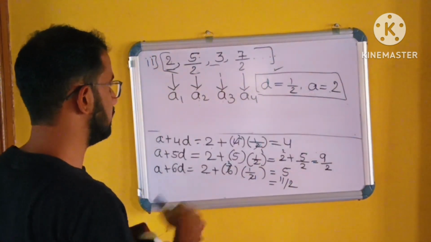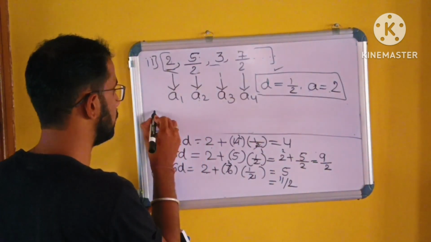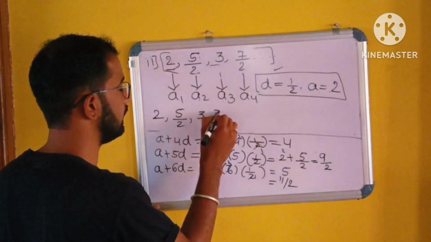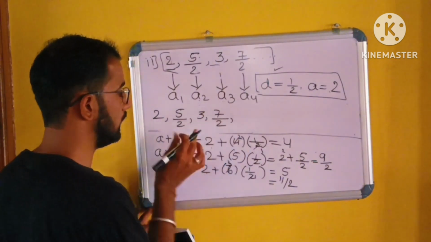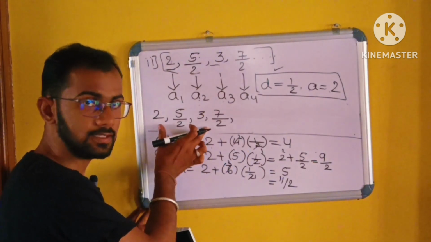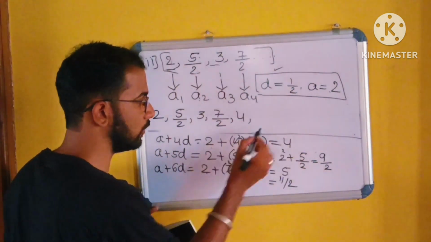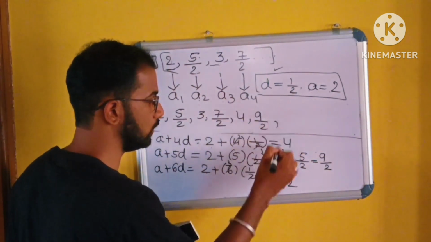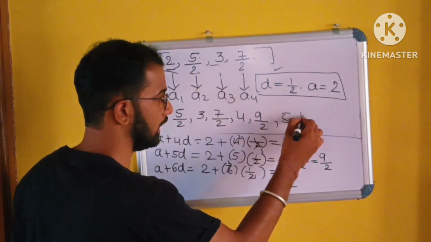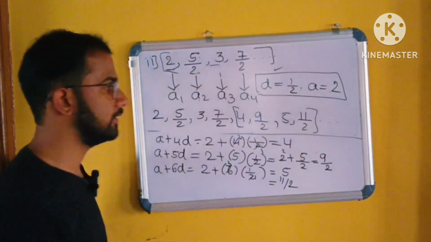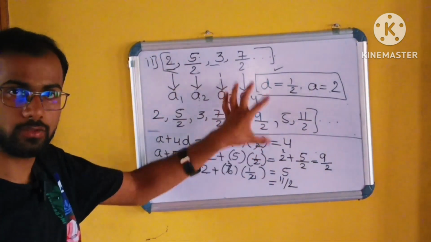Hence, the sequence is 2, 5 by 2, 3, 7 by 2. This is the given sequence. Then after finding the other 4 terms, we got 4, 9 by 2, 5, 11 by 2, and so on. These are the last 4 terms we needed to find out.